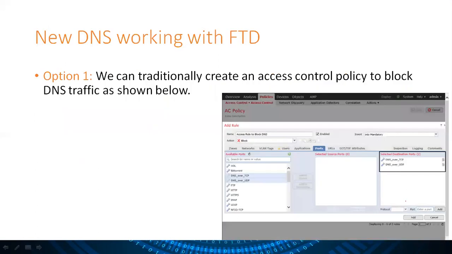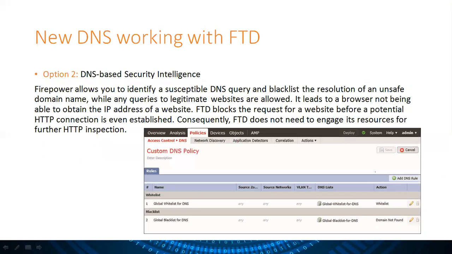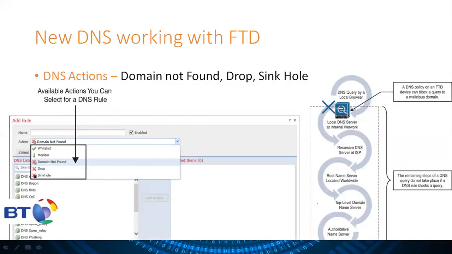A typical access control policy we can create on Cisco FTDs lets us define policies based on the DNS ports, and secondly, DNS-based intelligence, where the Cisco Talos team provides its intelligence data to Cisco, so we can create whitelisting and blacklisting policies, and based on your requirement, you can either send the traffic to domain not found.